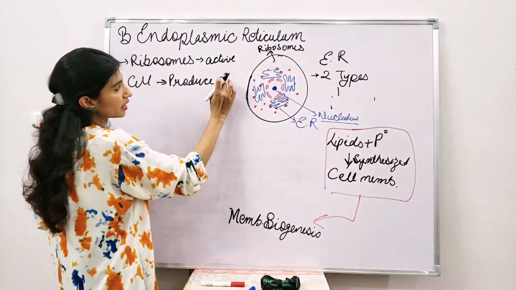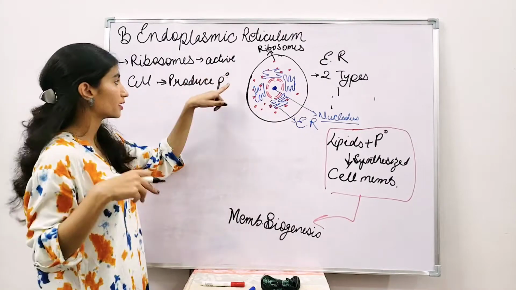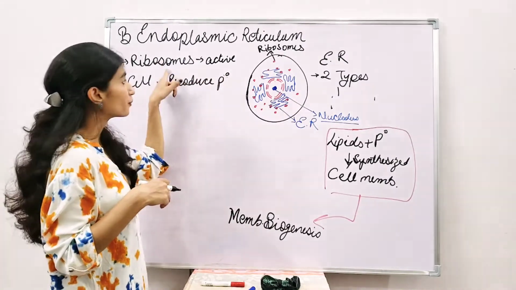This is the sign for protein: write P and make a small circle on top of it, a degree sign kind of thing. That is called ribosomes in the active cell.